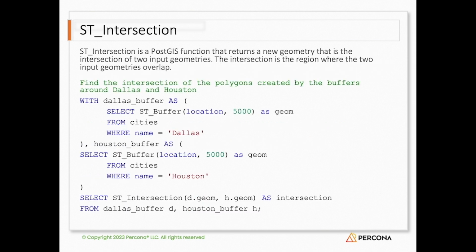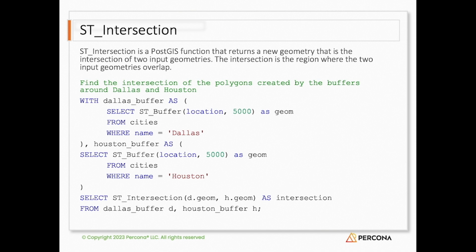So for the intersection, we are creating a buffer for Dallas and ST_Buffer for Houston. When we are calling Dallas or Houston, those are only points, not the whole city. But we are creating a buffer around that city of 5,000 meters.